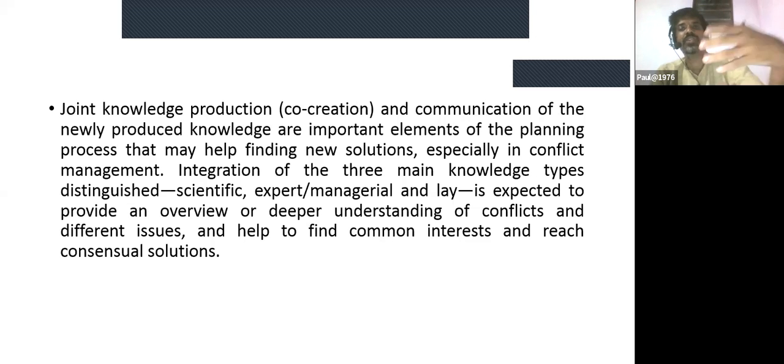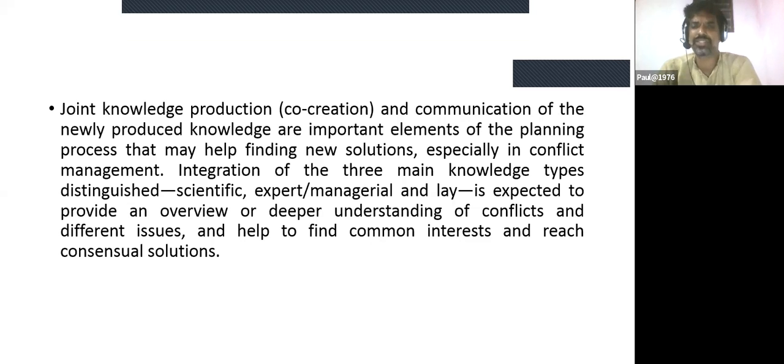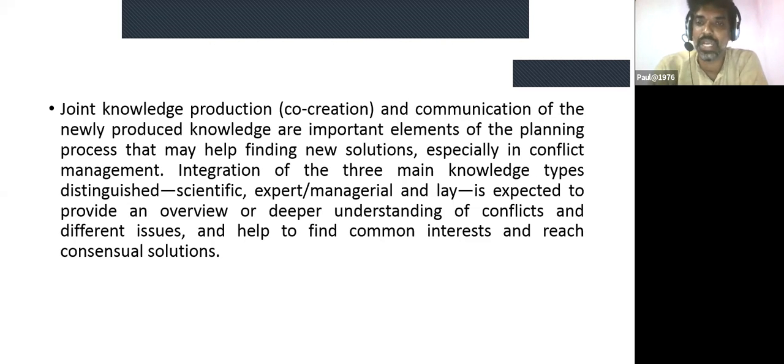Integration of the three main knowledge types, as we distinguished earlier, such as scientific, expert or managerial, and common man's knowledge, is important for understanding conflicts and the different issues, and helps to find common interests and reach consensual solutions.